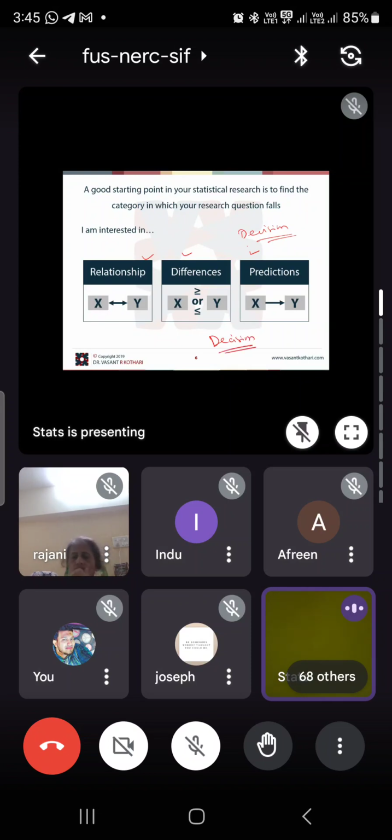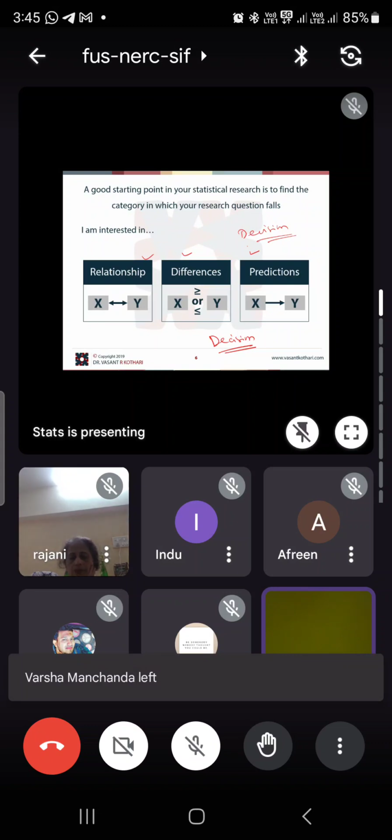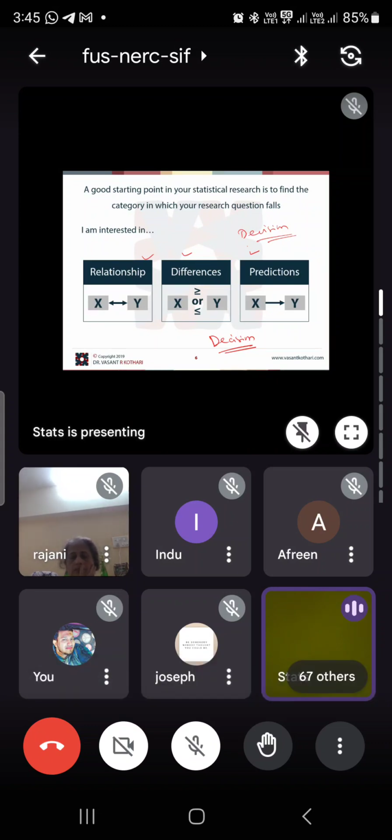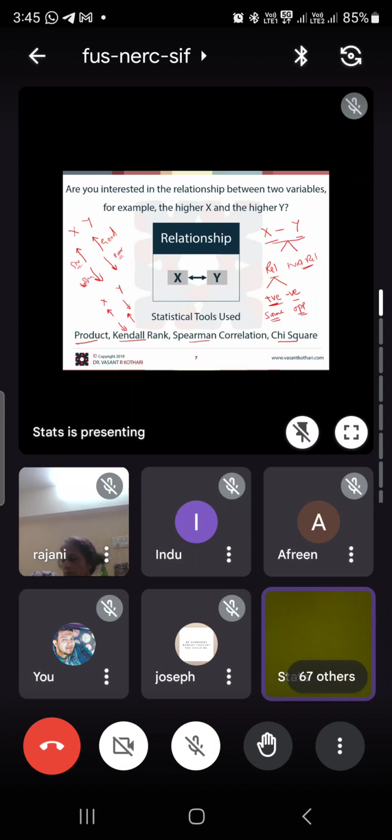So you will be taking the decision for the relationship, or you will be taking decisions like which option is better, which variable is better, or you are trying to predict. In day-to-day life, whatever decisions we are taking, those decisions are based on these three things only. And that is the reason why statistic is known as a decision science.